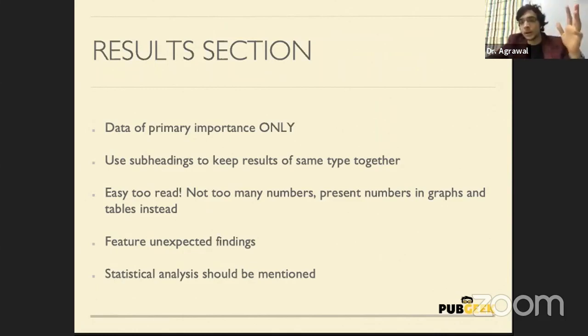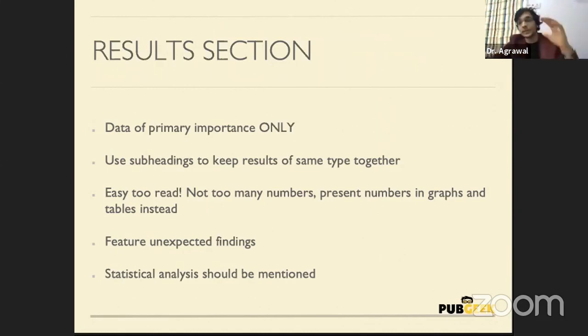Otherwise you'd be saying there were so many young patients and the follow-up time was 2 years, the follow-up for old people was 4 years, then the mean improvement in score was 7 for young people, 8 for old people. Don't do that. With young people in one paragraph, it'll be much easier to read and easier for the reviewers to understand exactly what's going on.